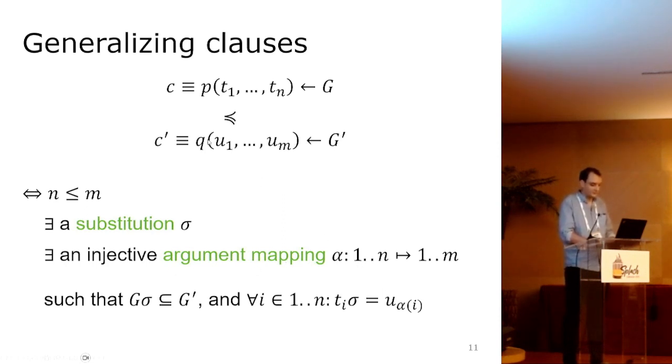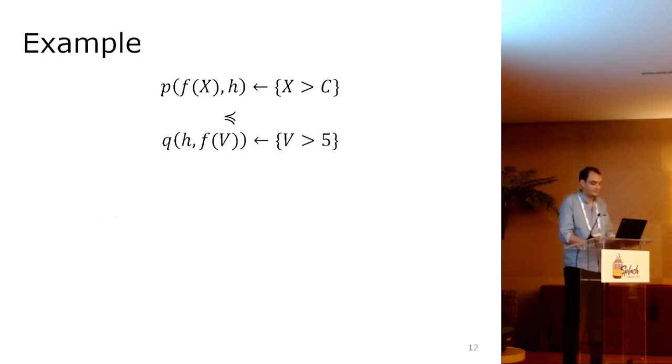And of course, such that each of these terms, which are in the head of C, is itself a generalization of the corresponding term in the head of C prime. So this is what it means for a clause to be more general than another. Here, as you can see, we don't consider tau anymore. We're really speaking in a general sense.